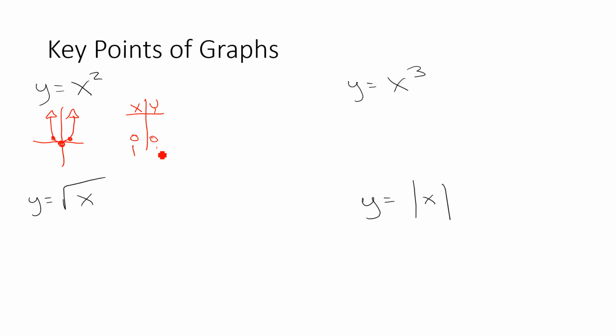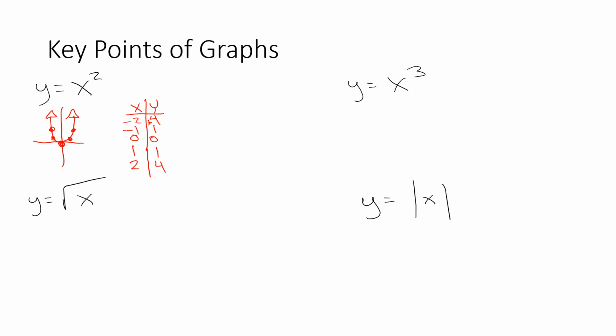What's 1 squared? 1. And then the next important point, let's try 2. What's 2 squared? 4. This is symmetric, so -1 squared is 1, and -2 squared is 4, with a positive, because negative squared is a positive. So over here we would have -2, 4, and over here 2, 4.